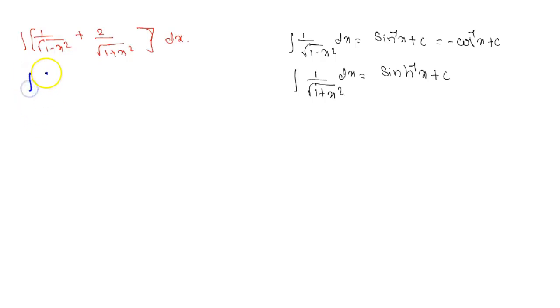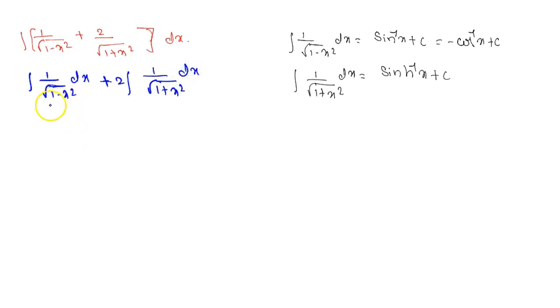Now integral 1 by root over 1 minus x square dx plus, I am writing the constant before the integration, right? 1 by root over 1 plus x square dx.